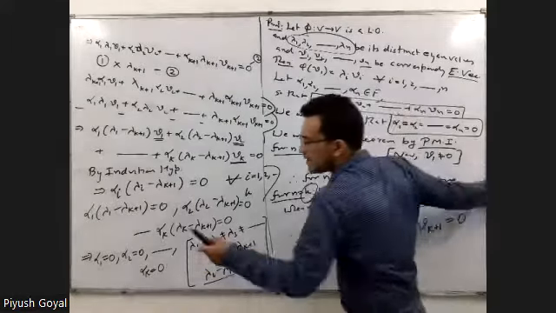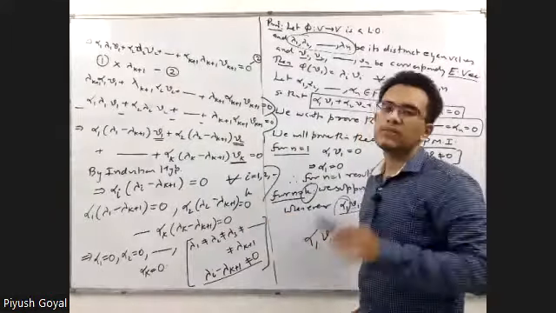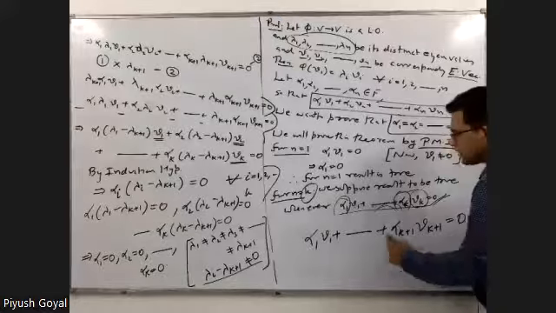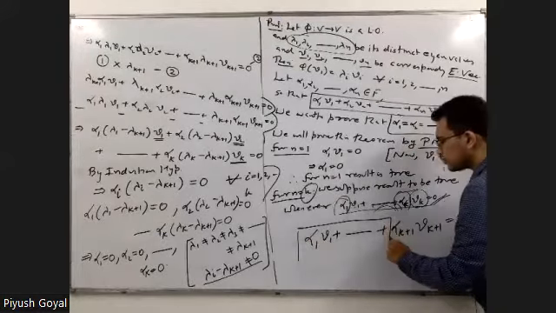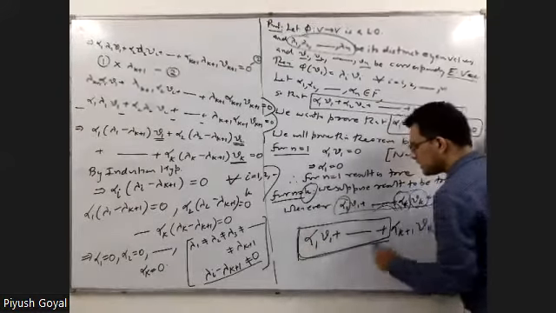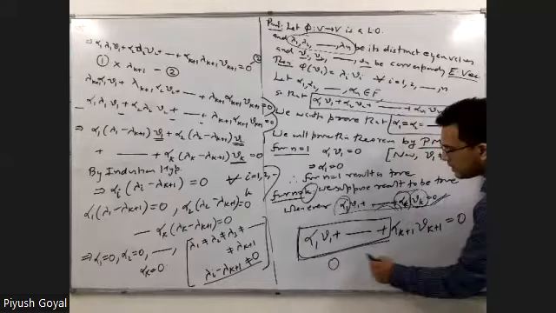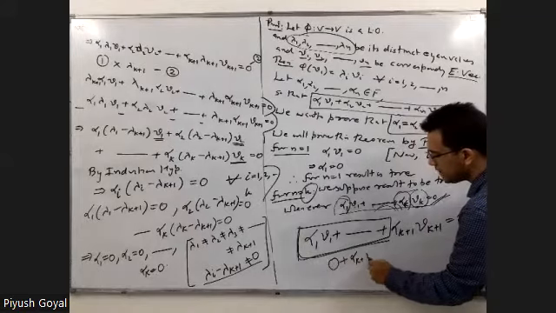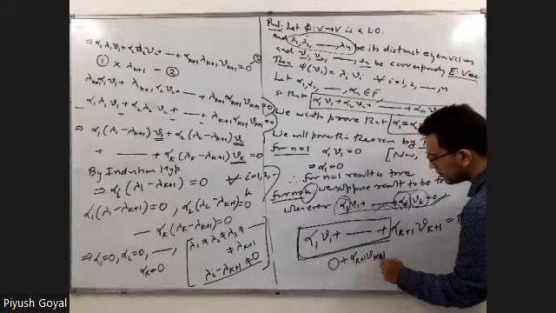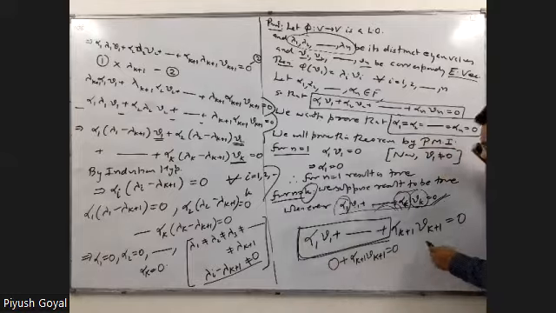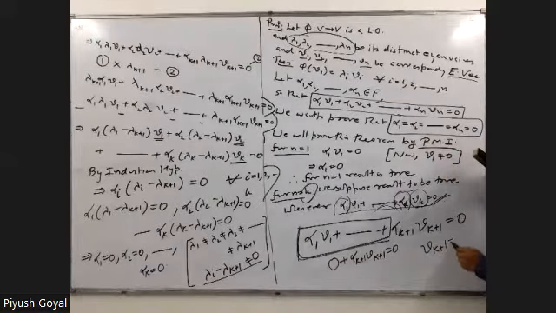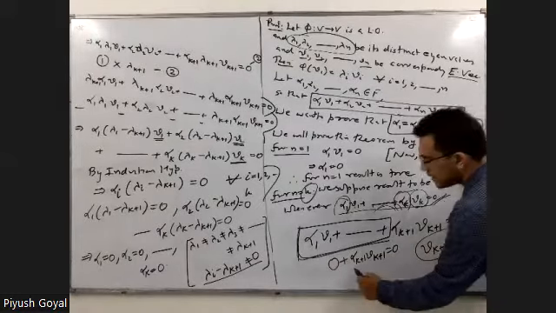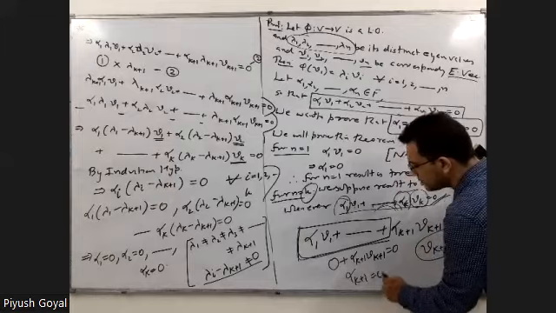You know that alpha 1, alpha 2 up to alpha k all are 0, so it becomes alpha k plus 1 vk plus 1 is equal to 0. But vk plus 1 is not 0, so alpha k plus 1 will have to become 0.